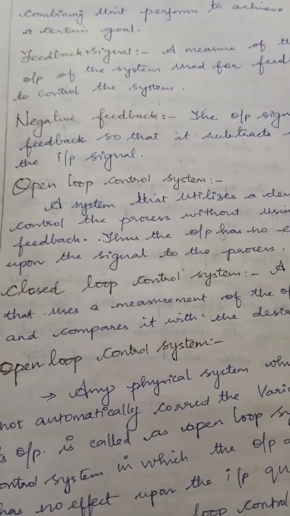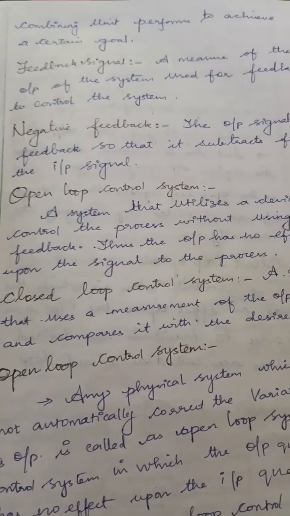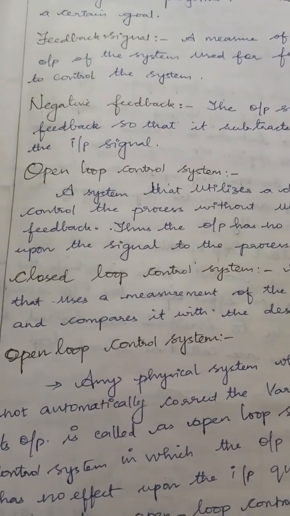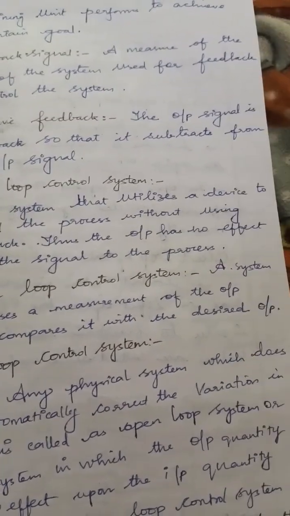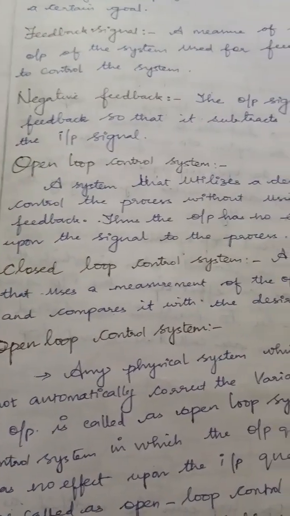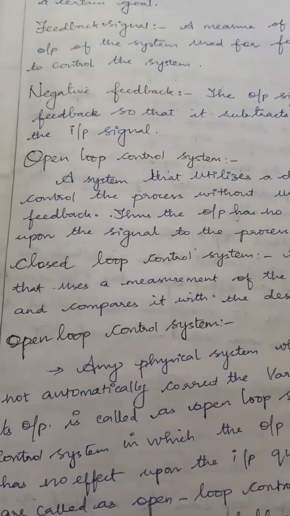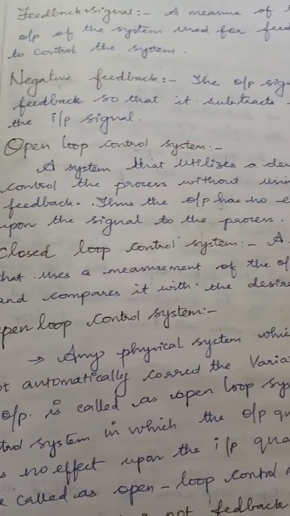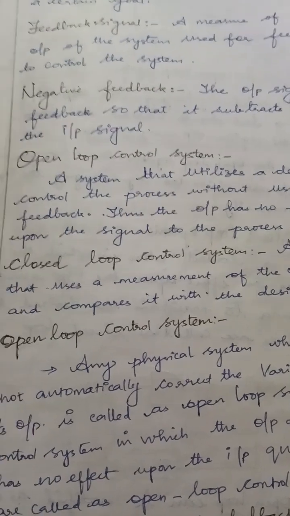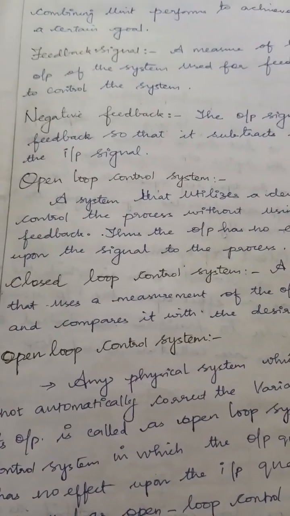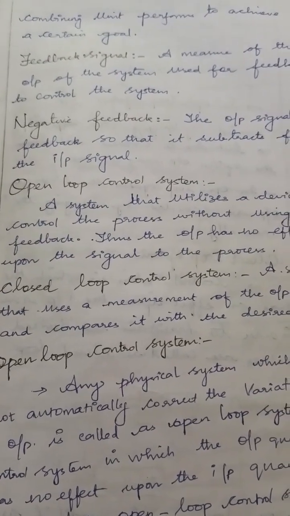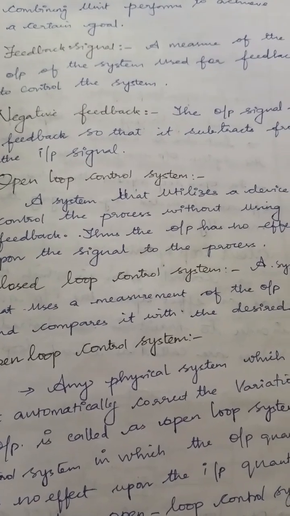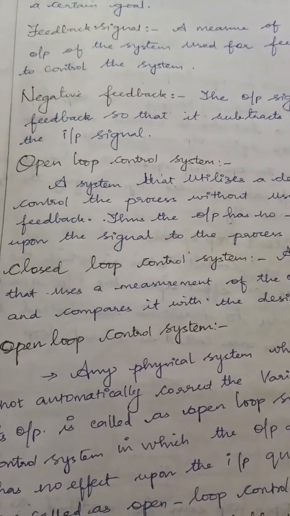There we don't give any feedback. So a system that utilizes a device to control the process without using the feedback, thus the output has no effect upon the signal to the process. Relevant to the input we give, we get the output. We are not feeding the output back to the input. Are you clear with this? This is known as an open loop control system.